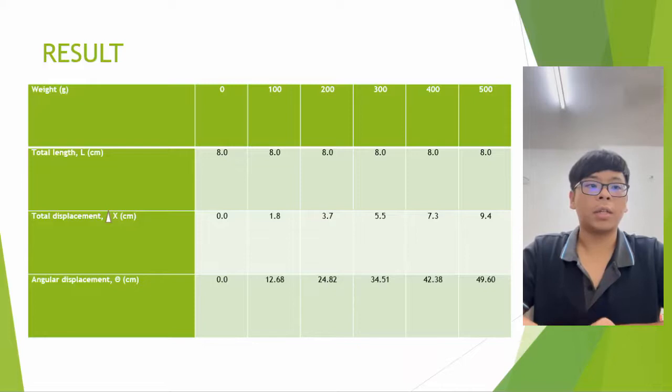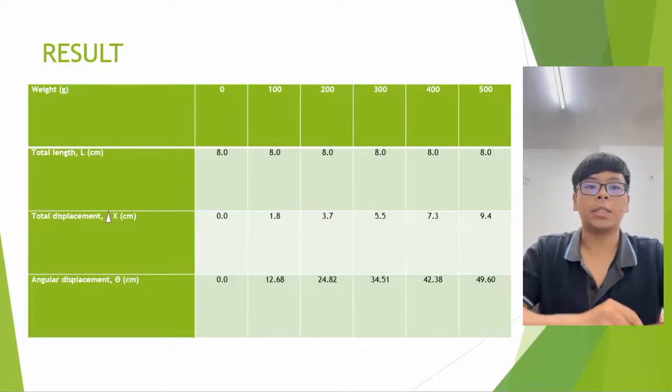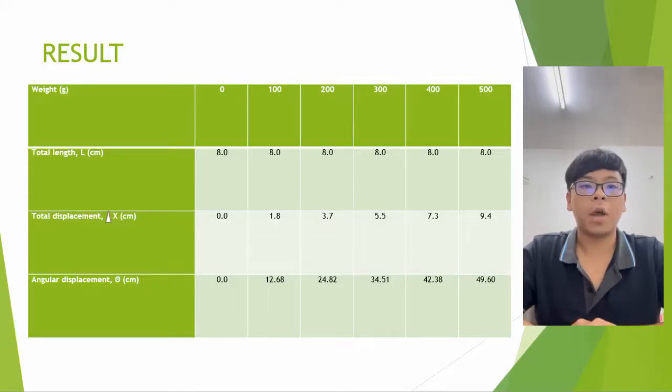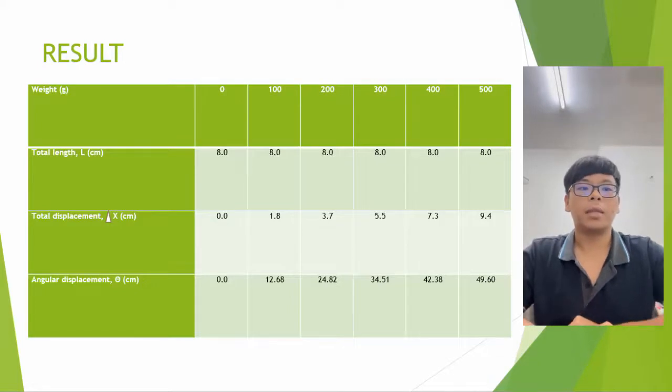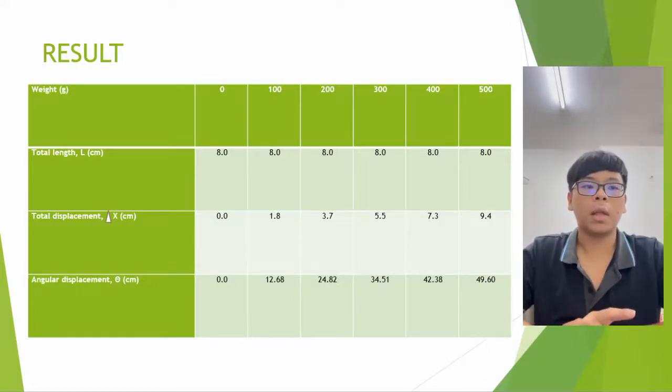For 100 grams it is 1.8, 200 is 3.7, 300 is 5.5, 400 is 7.3, 500 is 9.4.